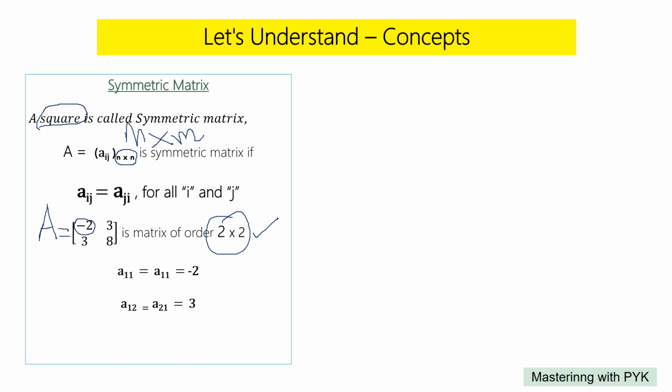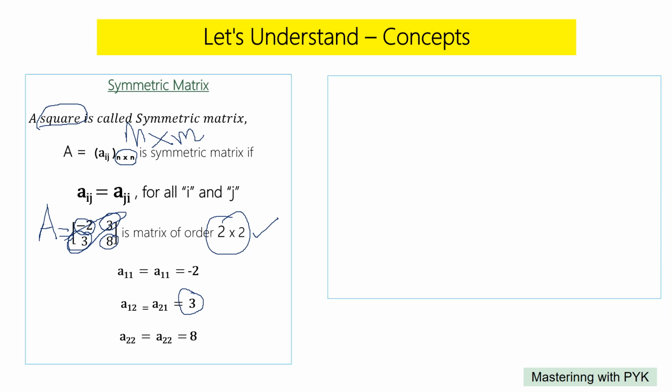So at A12, when we change the row and the column, it becomes A21. So the elements are the same. This means the value of the element is the same, that is 3. And A22 is the same as A22, because after changing we are standing at the same place, so the element value is 8. Then this matrix is called a symmetric matrix.